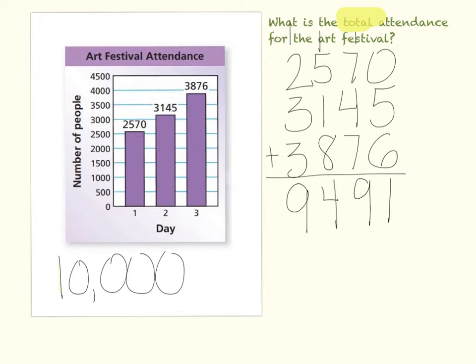I want to check that with my estimate, and those two are pretty close, so I believe that I am right, so I'm going to label 9,491 people. Okay, so make sure you have that example recorded in the addition flap of your notes. And we're going to move on to the next example.